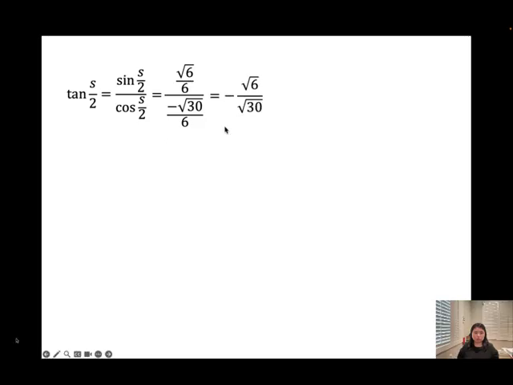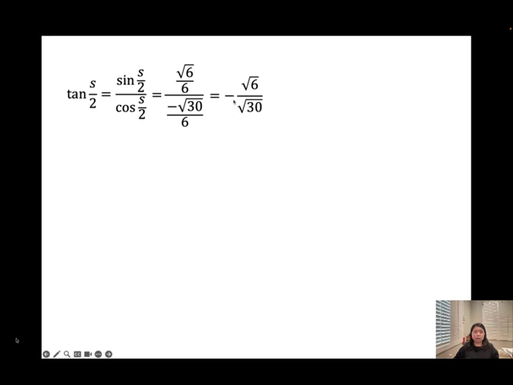Okay, tangent. For tangent s over 2, you could use the formula, or you could do sine over cosine. We already figured out sine s over 2 and cosine s over 2, so just plug it in. Simplify it; we should cancel out the 6 here. And keep in mind, tangent in quadrant 2 should be negative, so we are in good shape here.